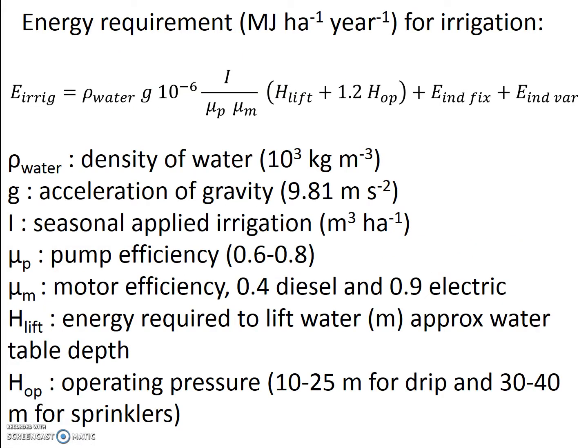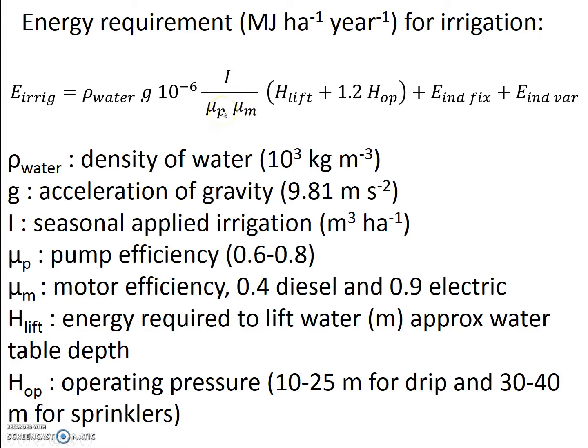If we go into more detail, first let's see how we can calculate the energy required for irrigation. In this equation, the energy required is proportional to the density of water. G is the acceleration of gravity. Capital A is the seasonal applied irrigation.